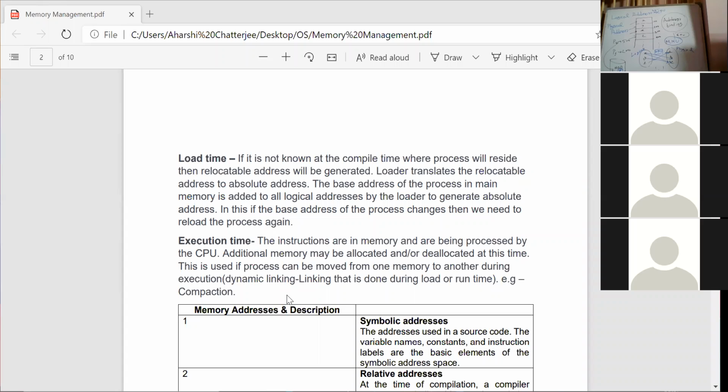Sir, .exe, executable file. In a more precise, more general way, do you know how a C program runs in memory? At first, there is a source program.